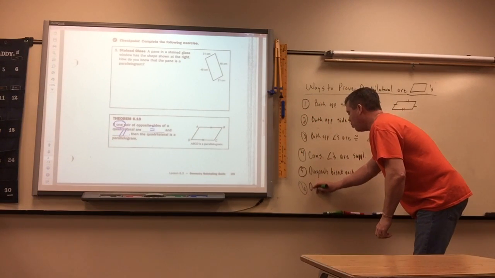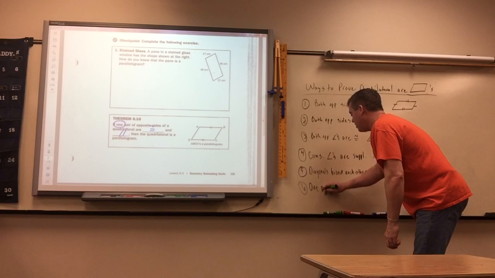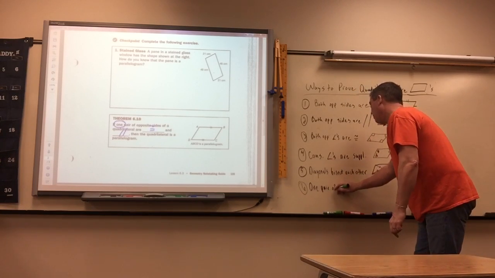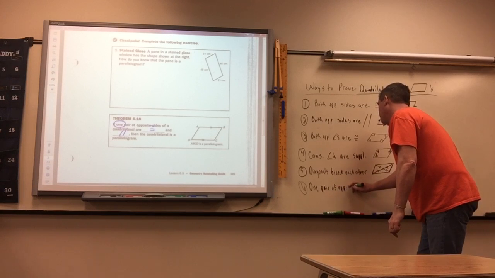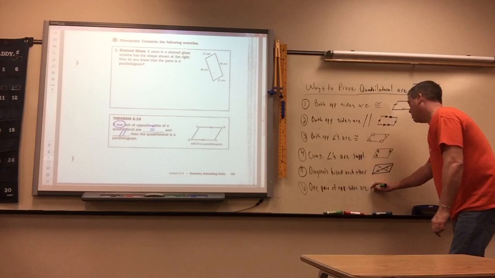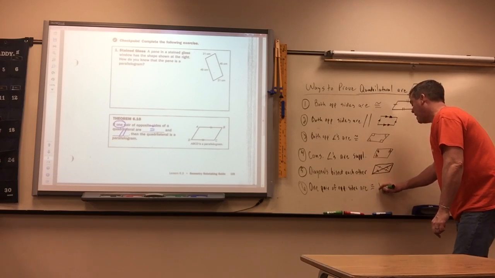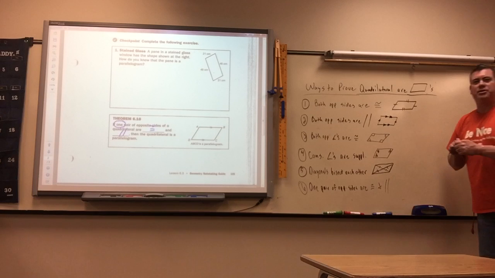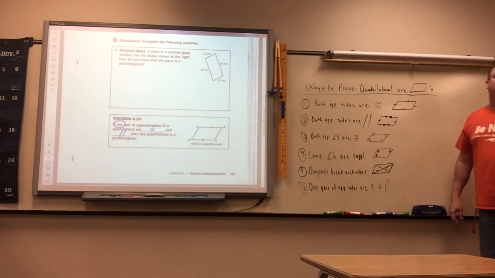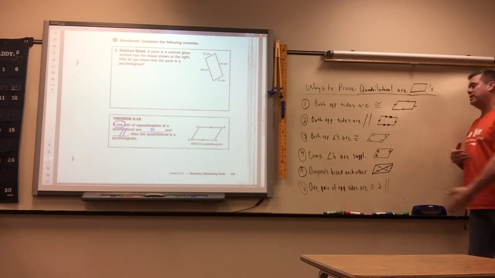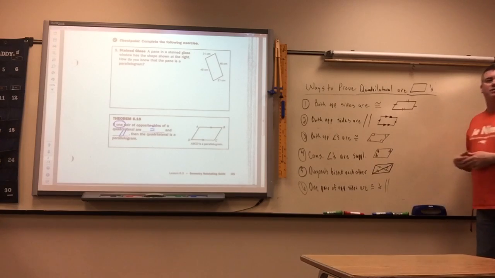So it would just be one pair of opposite sides are congruent and parallel. So it's just like those other things before where you had to show that lines are parallel. Here you got to show that a quadrilateral is a parallelogram, and if it is, you got to put the reason. If it's not, you just got to put no.